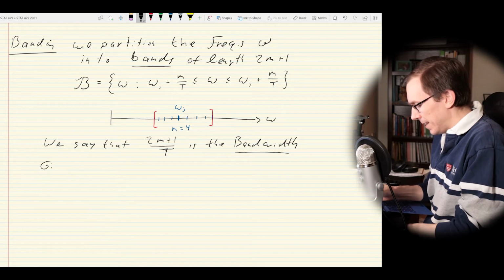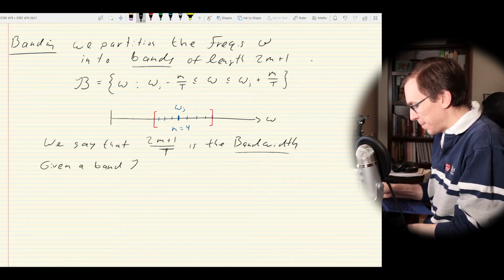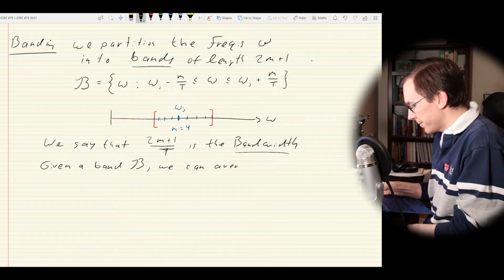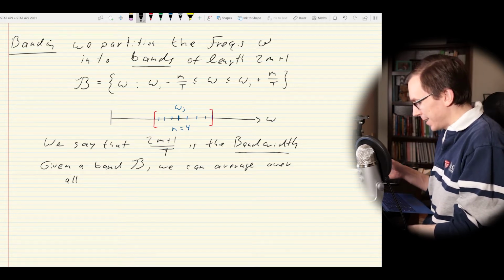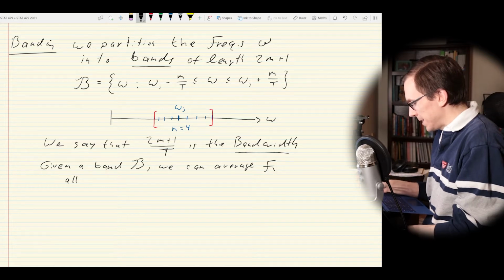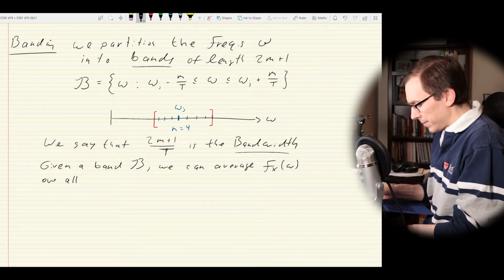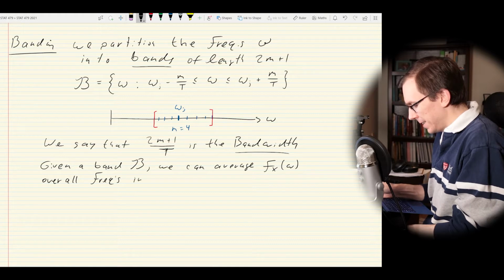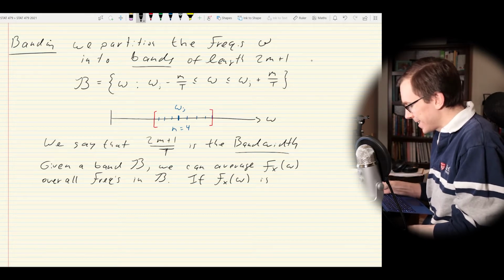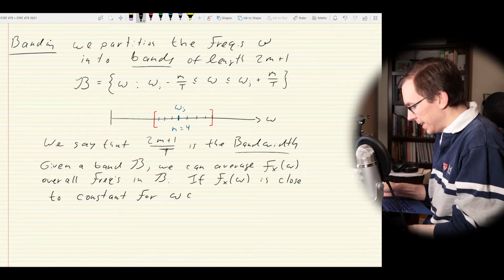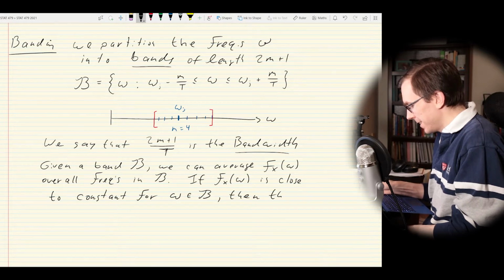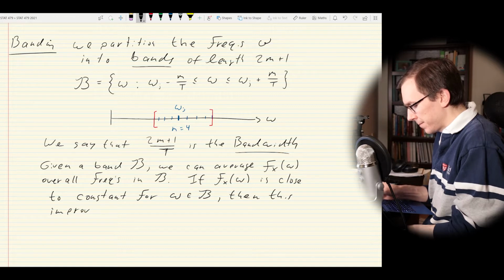So given a band script B, we can average the spectral density over all frequencies in B. And the idea being that if f_x(omega) is close to constant for omega in B, then this improves the estimate.